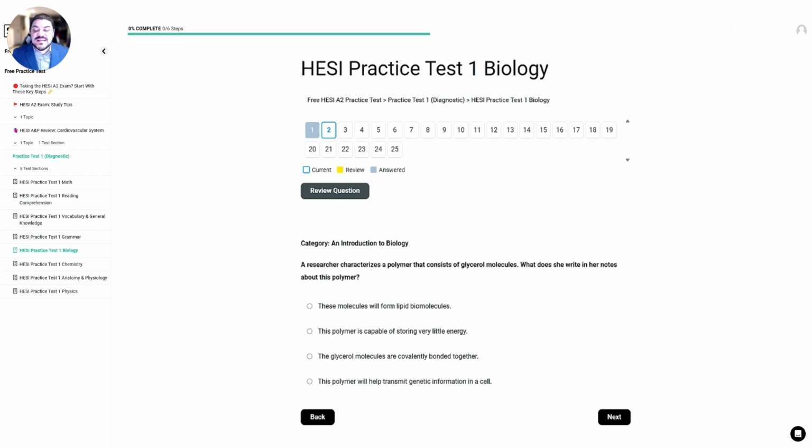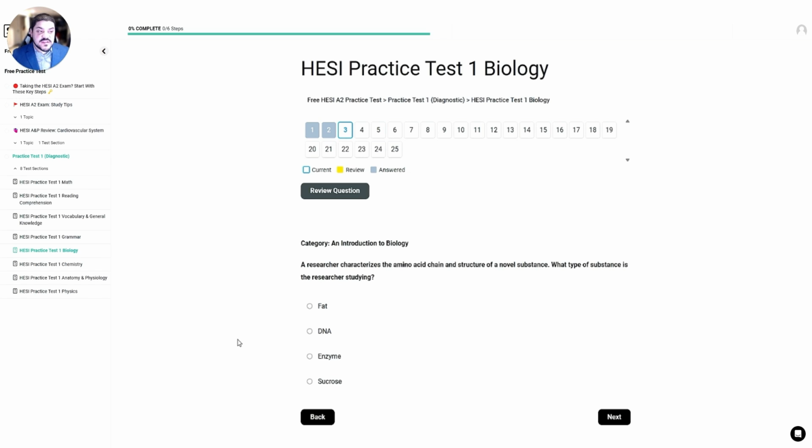Glycerol itself does not store a significant amount of energy and is not involved in transmitting genetic information in a cell. The most relevant information about a polymer of glycerol molecules would be the covalent bonding between the glycerol units. So, C, and let's continue.